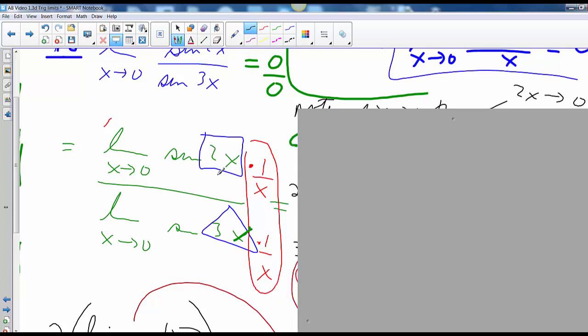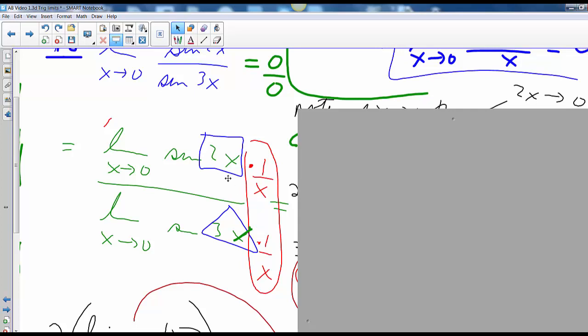The reason is I do need to at some point end up with the sine of 2x over 2x for this one, with 2x here. And for this one I need to end up with sine 3x over 3x.